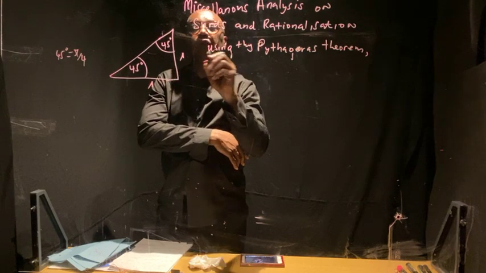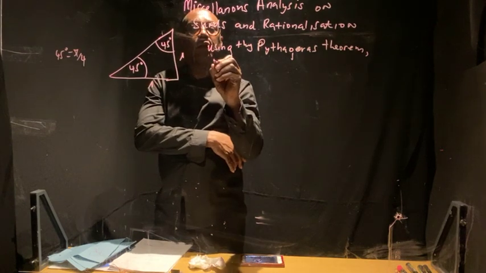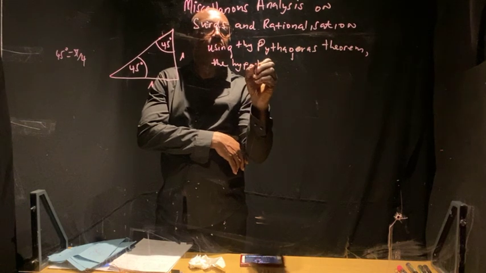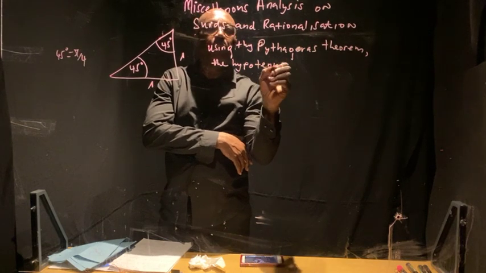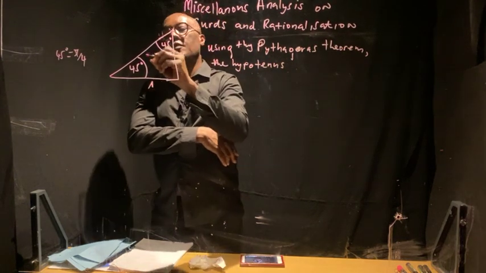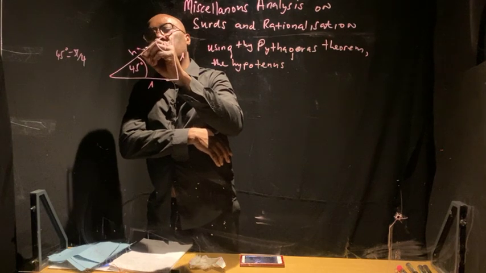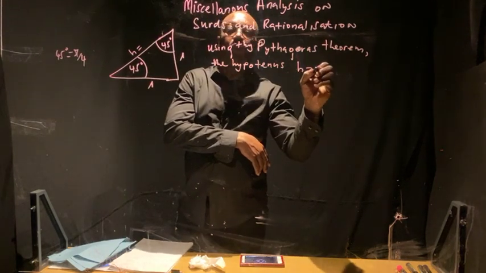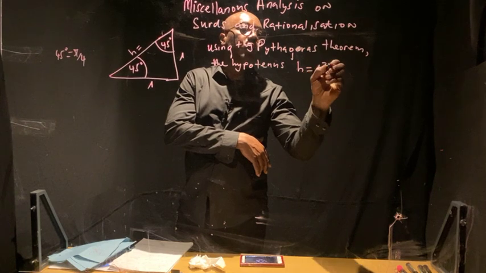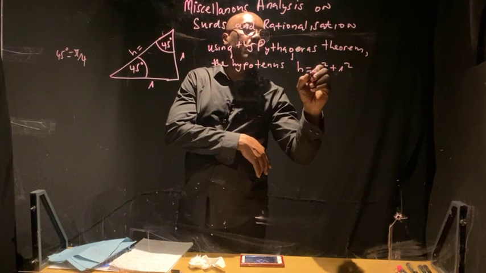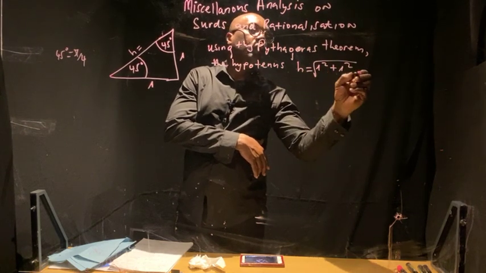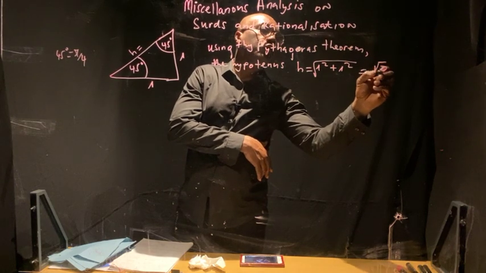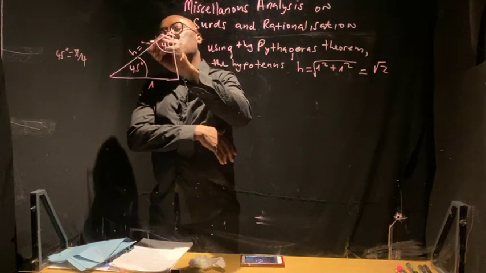The hypotenuse being this side, h is equal to the root of 1 squared plus 1 squared, which is equal to root 2. This side is equal to root 2.